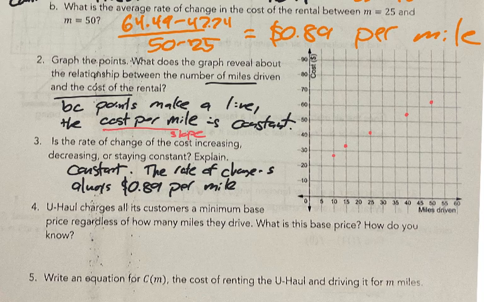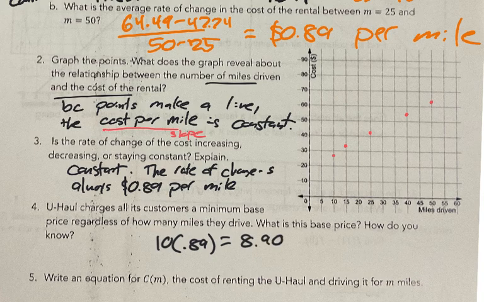How could you find what's right? Because if you put 10 miles driven times about 89 cents, because it's 89 cents a mile, right? This would give me $8.90 to drive 10 miles.